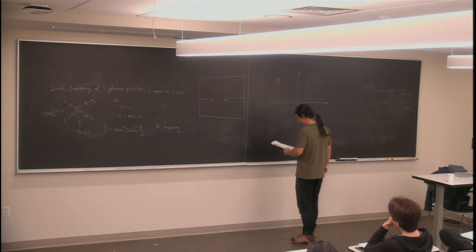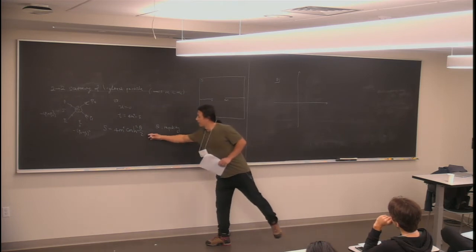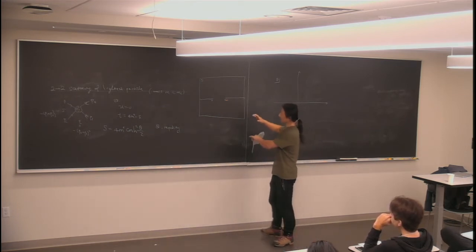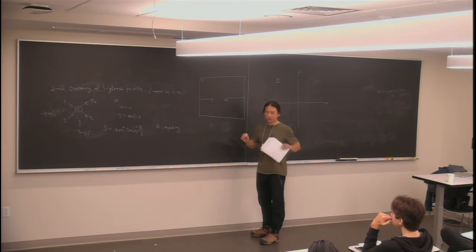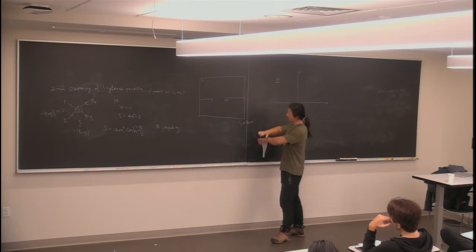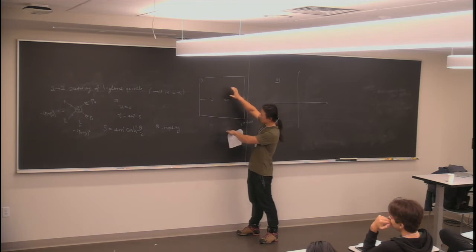Okay, so under this map, the entire complex S-plane, which is usually in this context referred to as the quote-unquote first sheet of the S-plane, referring to the fact that there's going to be some nice analytic property on the entire complex S-plane.